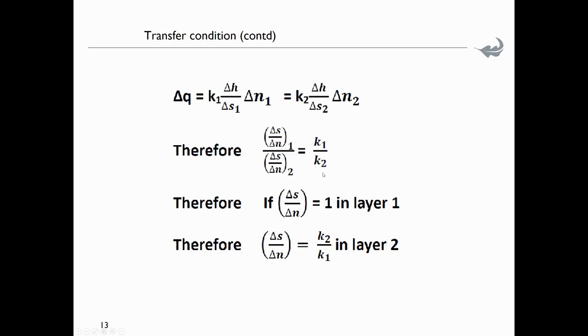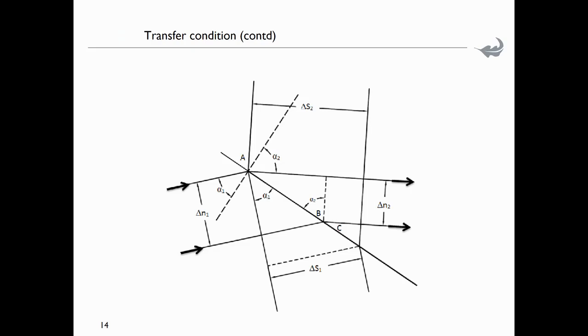If we add all this together, we say that if delta S over delta N equals 1 in layer 1, it comes down to that for layer 2, delta S over delta N is equal to K2 divided by K1. This is the same drawing, but just with all the different angles and values in order for us to do some mathematics.